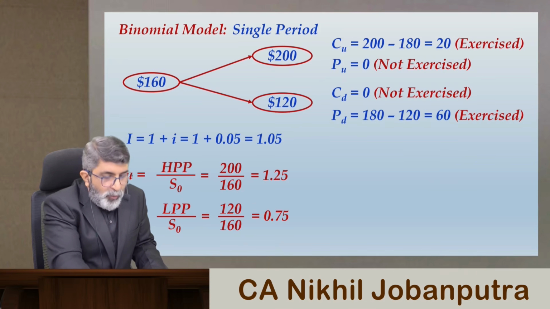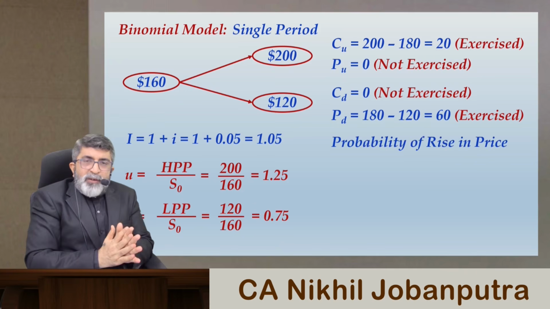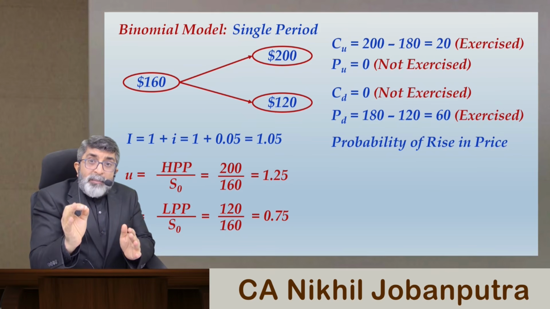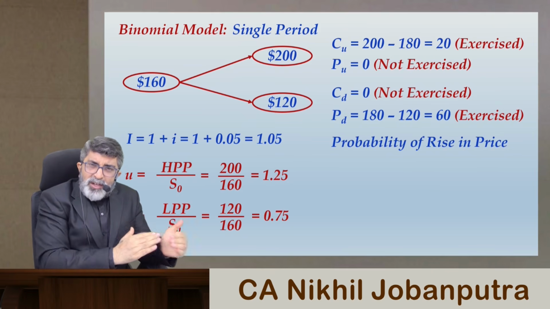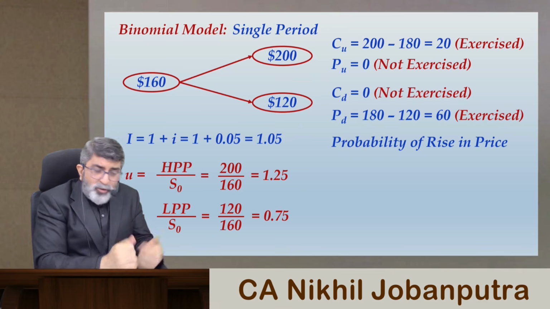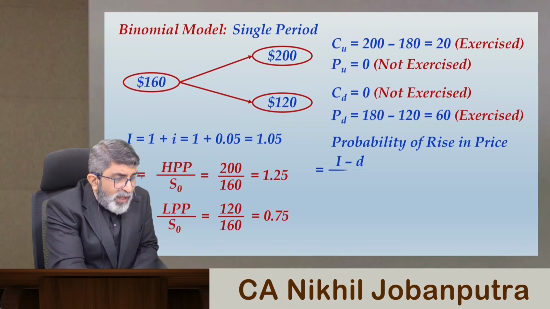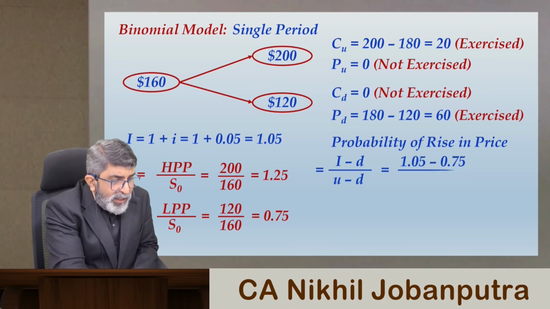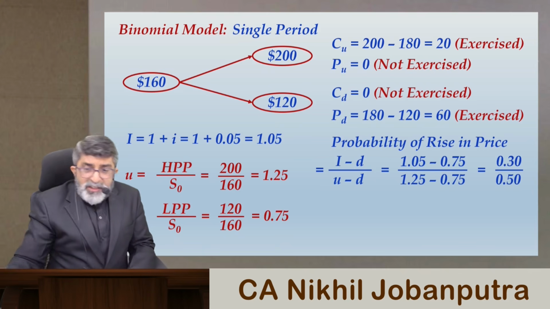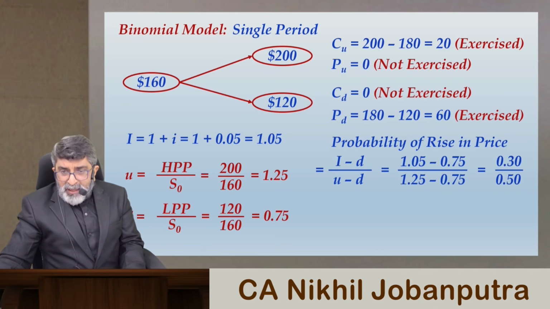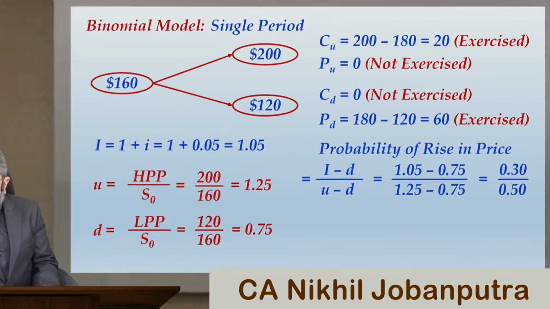0.75. Now, the risk neutral probability of a rise in price, which you have learned earlier in all previous topics, is I minus d divided by u minus d, and when you calculate, it comes to exactly 0.3 by 0.5. Let me enhance the screen size for your reference.